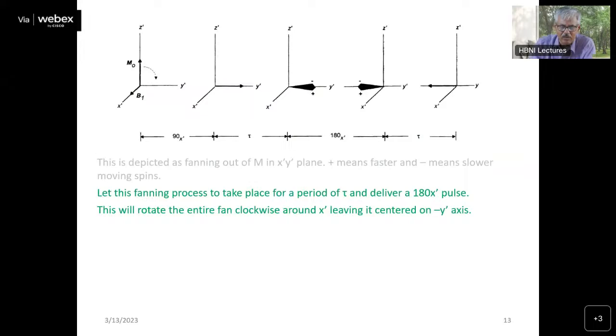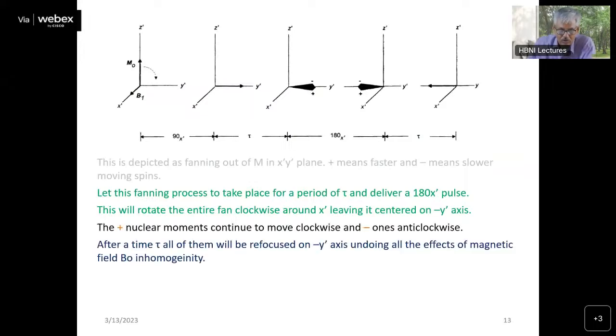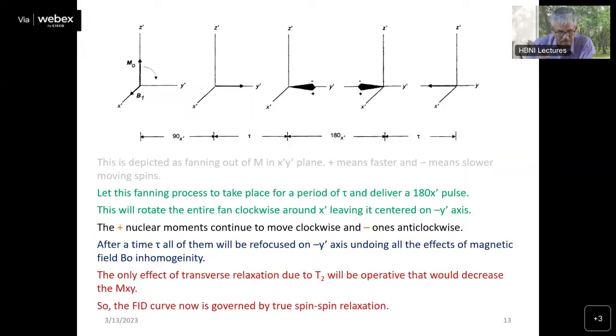The only effect of transverse relaxation due to T2 will be operative, which will decrease the MXY. So the FID curve is now governed by the true spin relaxation.